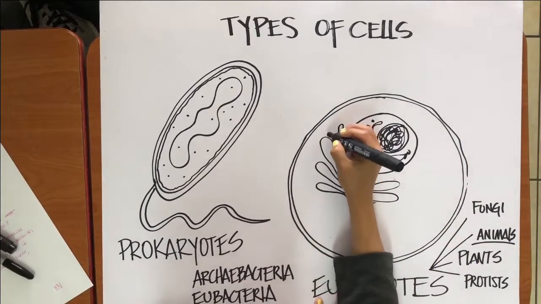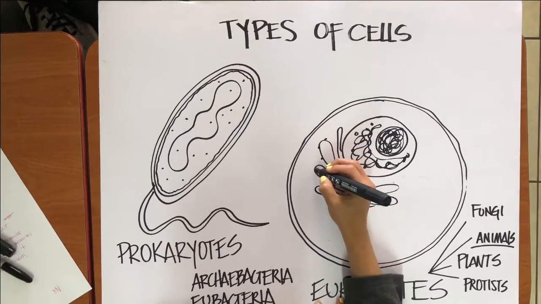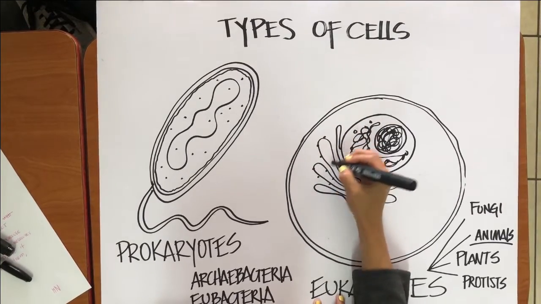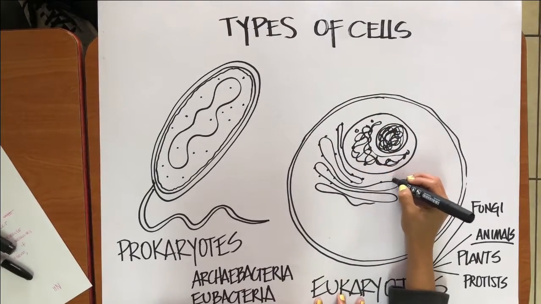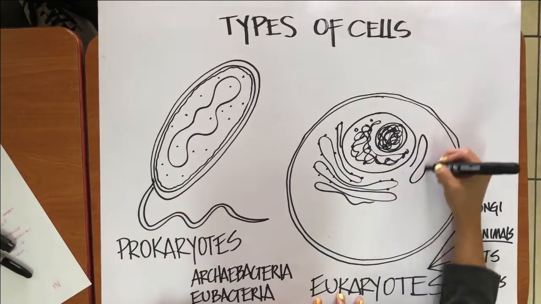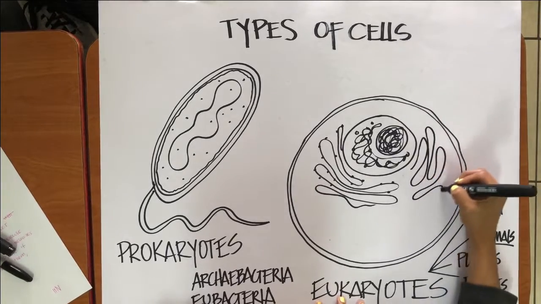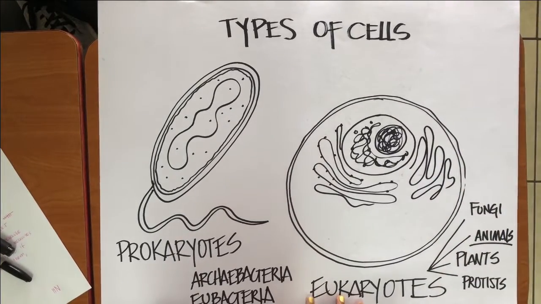which could have ribosomes attached to it. So we call it rough endoplasmic reticulum. Or it could be smooth, without these tiny ribosomes.